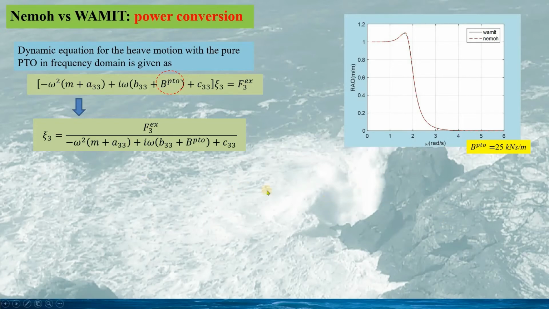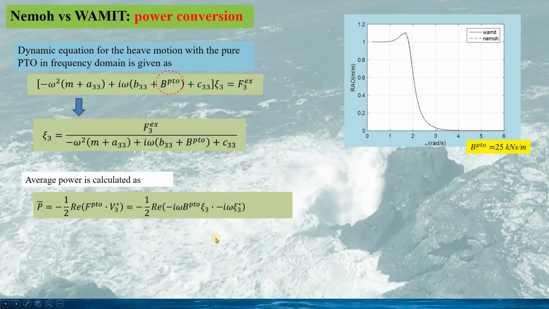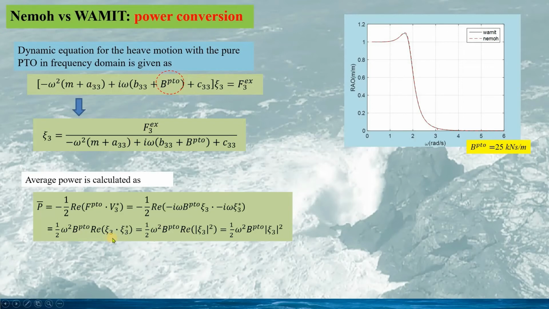saw in the previous slide. And we can calculate the average power based on the solution of the structure motion with the PTO. So the average power would be given as this, and we can do some mathematical manipulations. We can have the expression as this.